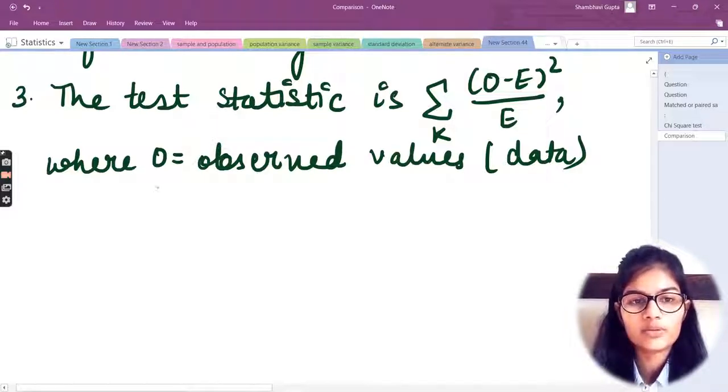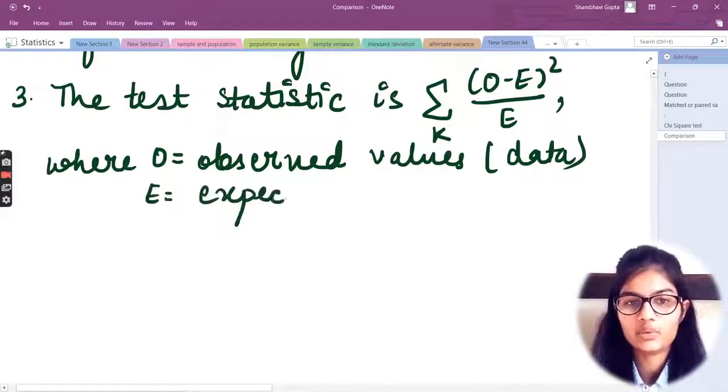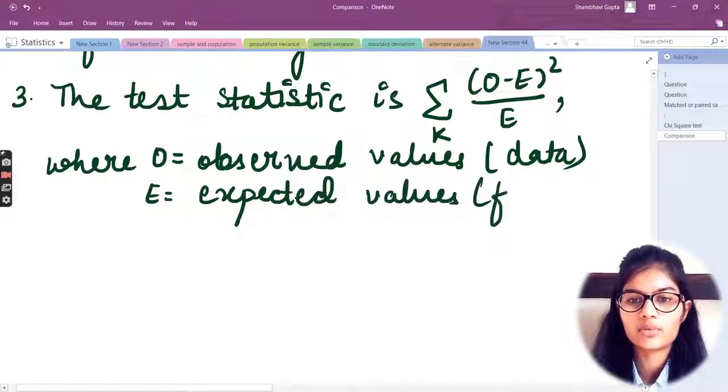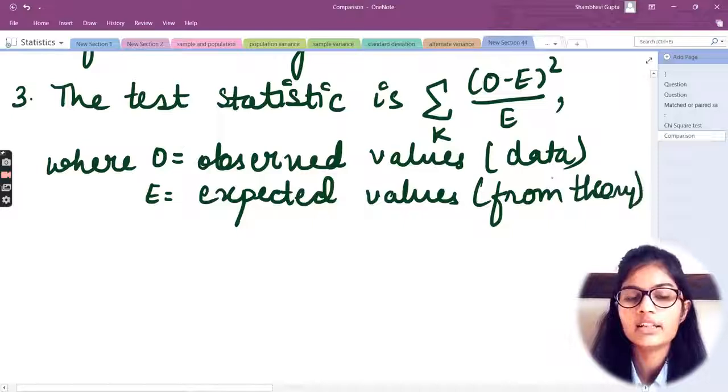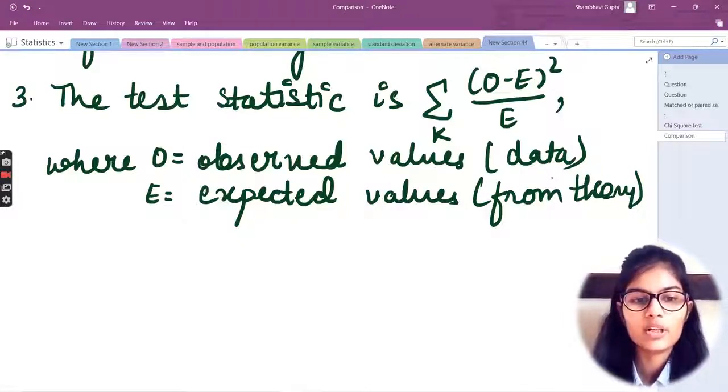And what about E? E was my expected values, and that's from the theory. So O is my observed values and E is my expected value, right? What about the K?